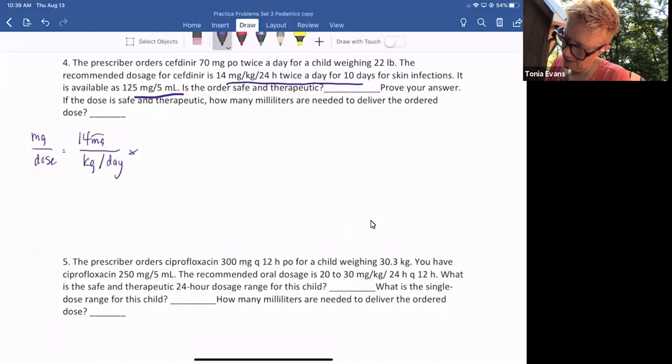Which is, our weight is in pounds again. So 1 kilogram is 2.2 pounds. Child weighs 22 pounds. Okay, we've got rid of kilograms, we've got rid of pounds. And 1 day is 2 doses.